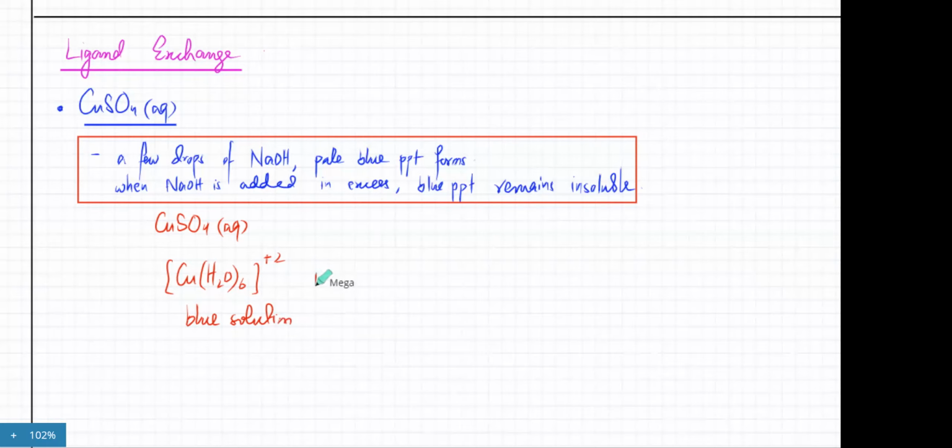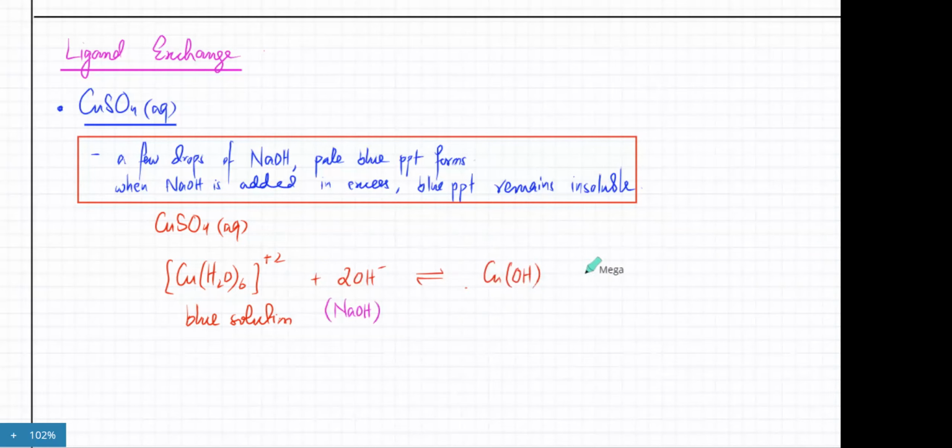And when OH ions are added, or NaOH, these OH ions come from NaOH. So when OH ions are added, 2 of the water molecules get replaced by OH.